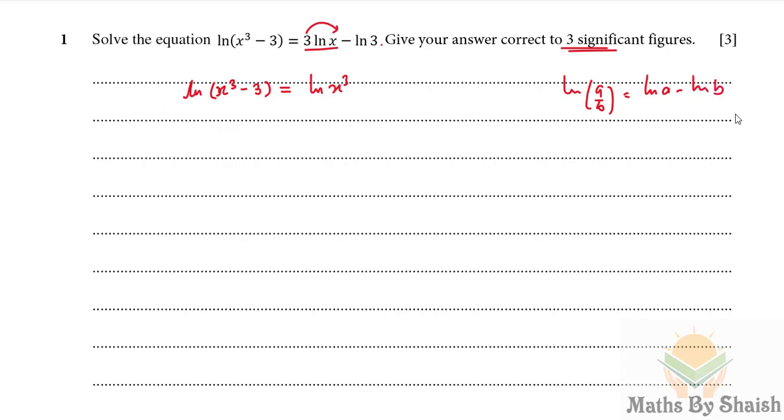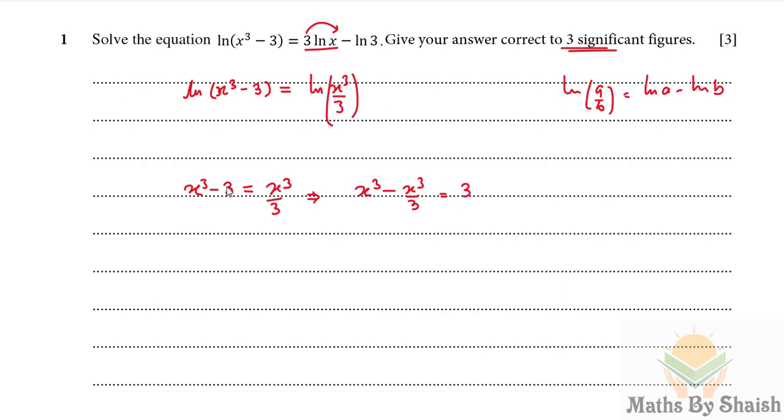And it is minus, so we know that ln a by b is ln a minus ln b. So in the reverse process we can write it as ln of x cube by 3. And we know this logarithm function is monotonic, so it says that x cube minus 3 is the same as x cube over 3. Simplifying, we get x cube minus x cube over 3 equals 3.